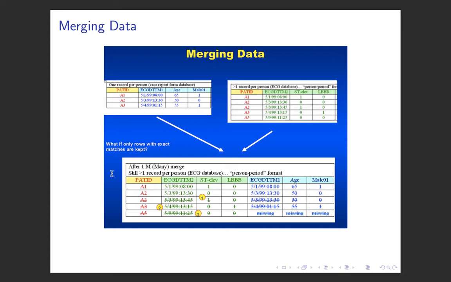They should match, but they don't. Notice they match here, but they don't match here. And that may be because they were entered incorrectly, or maybe this person actually had 2 electrocardiograms taken. And so now the question is, do you want the first one or the second one? You want to make sure that these things match up, and it's a good idea, again, to check those right away if you can.